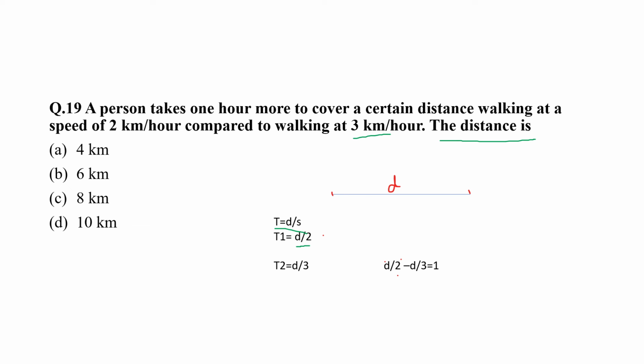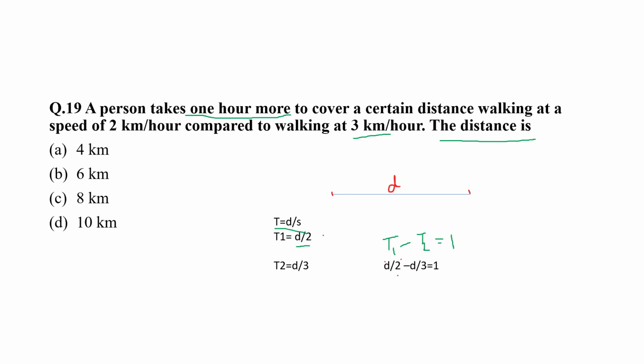From here, t1 minus t2 is equal to 1, because in the question the person takes 1 hour more, right? So t1 minus t2 is equal to 1.